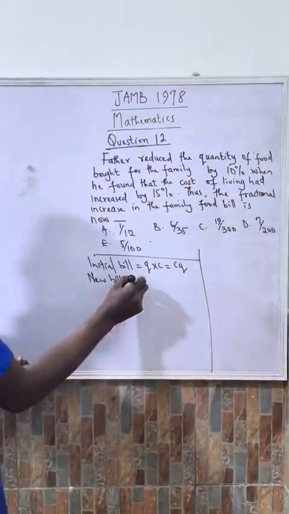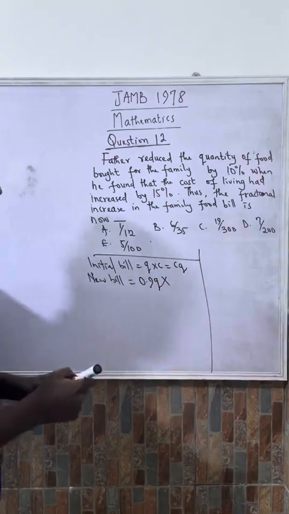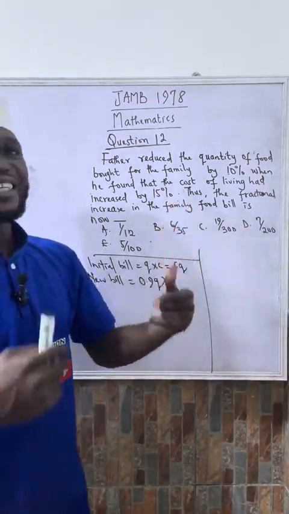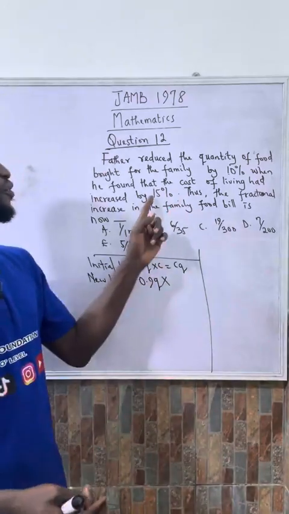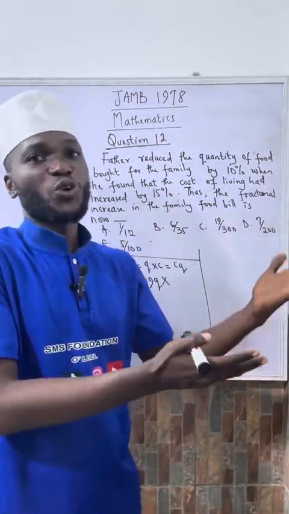So I can write that as 0.9 quantity times, we also said the cost has increased by 15%. Increase of 15% means we are adding 15% to 100%.